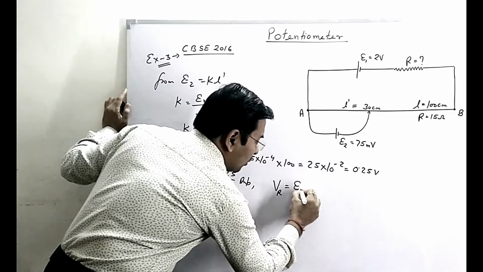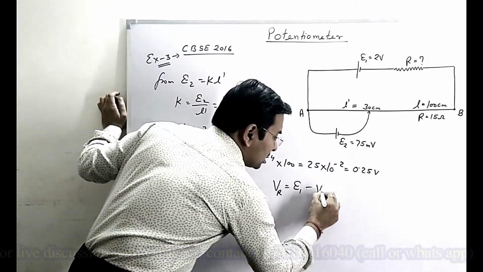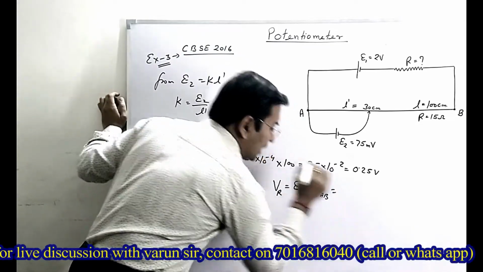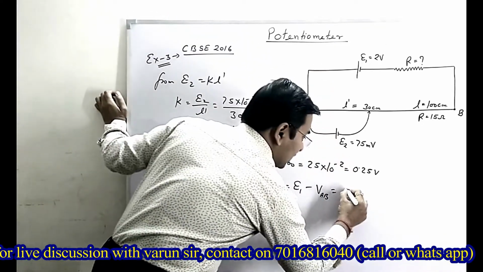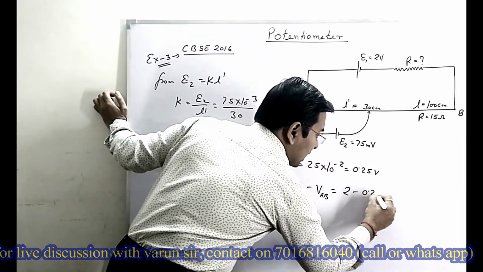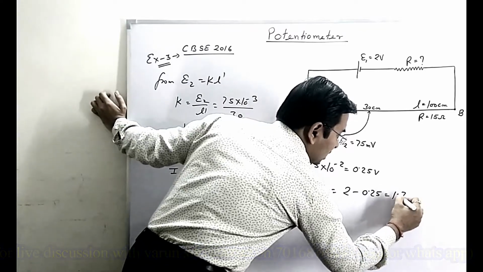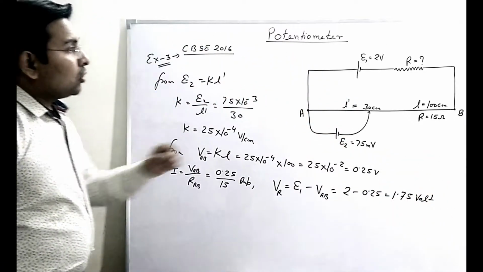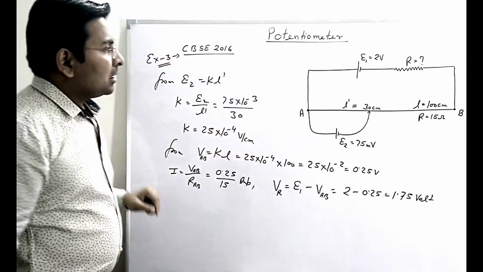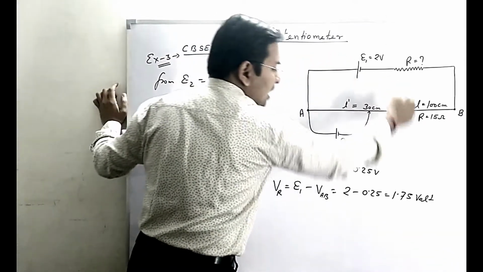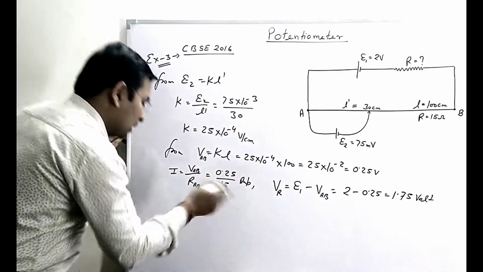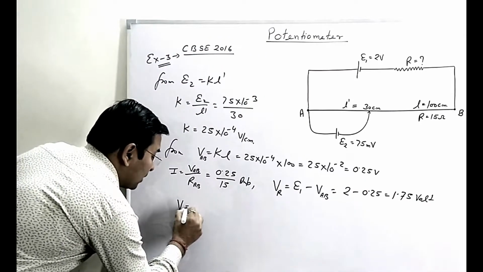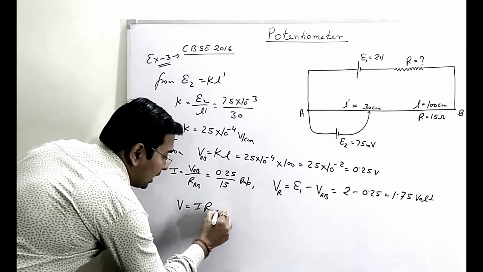This will be equal to E1 minus the potential across the wire AB. The value of E1 is 2 volt minus 0.25, so this will be 1.75 volt. So the potential across the resistance R is 1.75 volt. Now we can use the formula V equals IR.